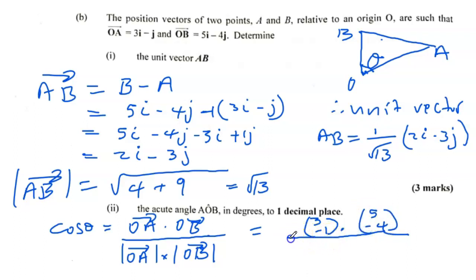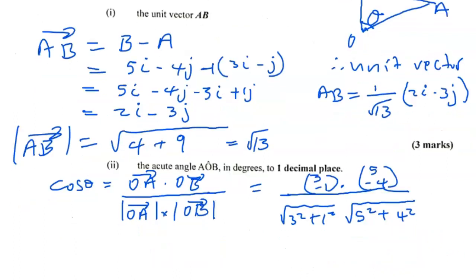And the modulus of OA, square root of 3 squared plus 1 squared. Well, -1 squared is the same thing, you get 1, right? Times the square root of 5 squared, which is 25, plus 4 squared, or -4 squared, same as 4 squared. Alright?